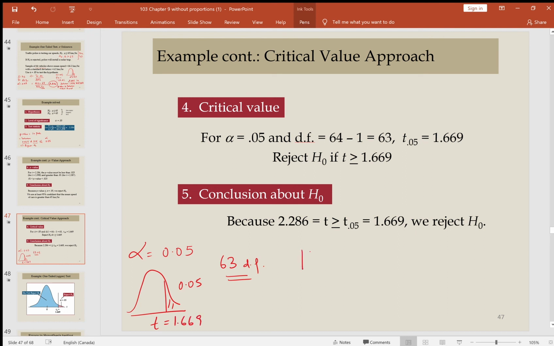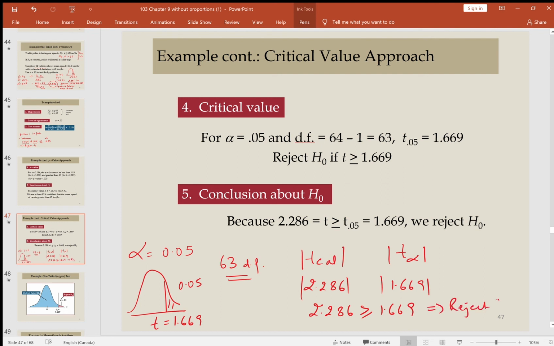So absolute value of t calculated versus absolute value of t alpha from table. Our calculated value was 2.286, and compare that with 1.669. So 2.286 is more than or equal to 1.669, and therefore we can reject null. Okay, the same result as before.